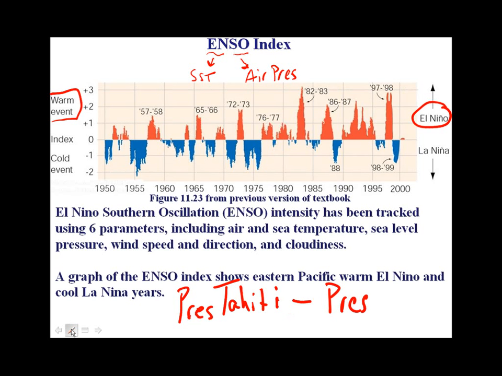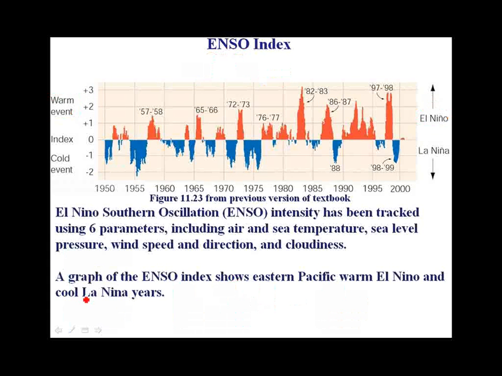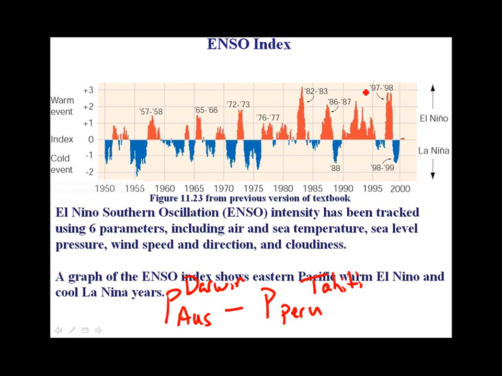Obviously I'm not going to hold you to this particular thing because I can't even remember it, but they take the air pressure over Australia minus the air pressure over Peru. Oh, I remember now. They use the air pressure over Darwin and the air pressure over Tahiti. And they take a difference and they graph this difference.